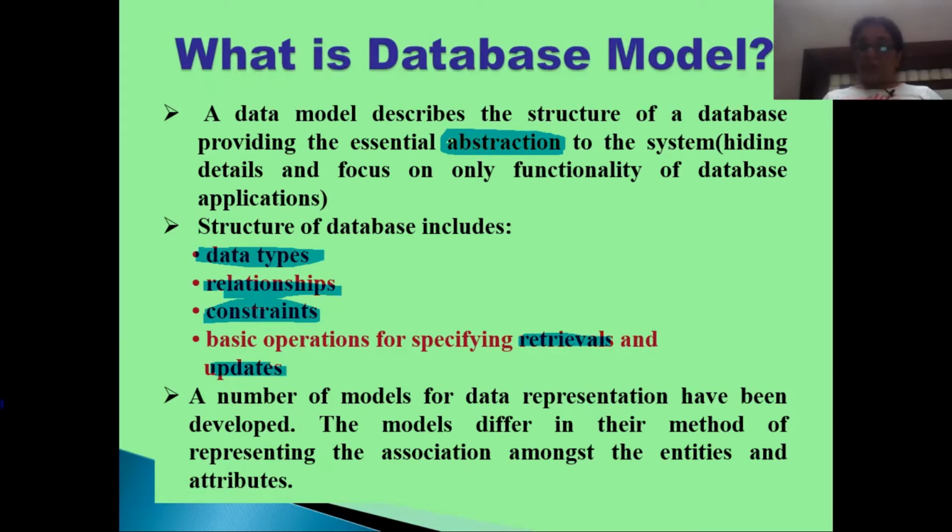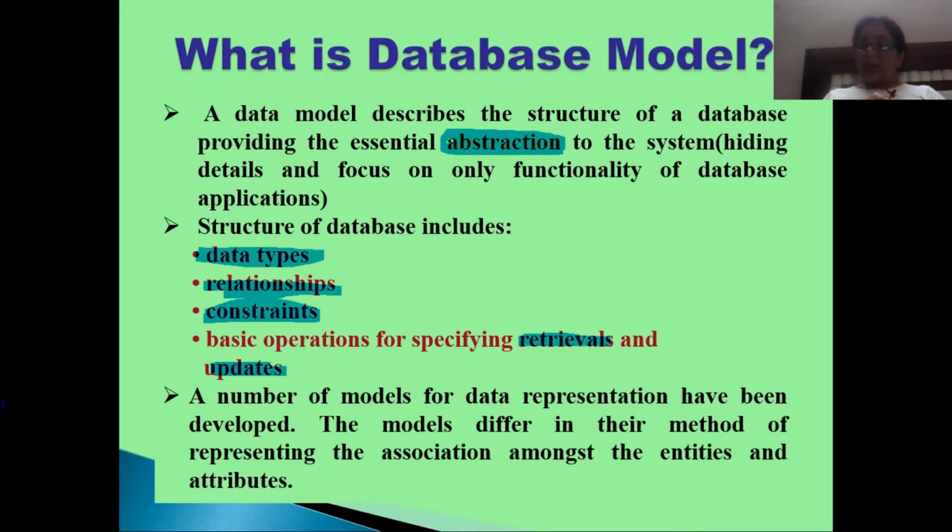A number of models for data representation have been developed. The models differ in their method of representing the association amongst the entities and attributes. Now what happens कि अलग-अलग data models are used to represent the different kind of data structures within the DBMS. फर्क क्या है अलग-अलग data models में?